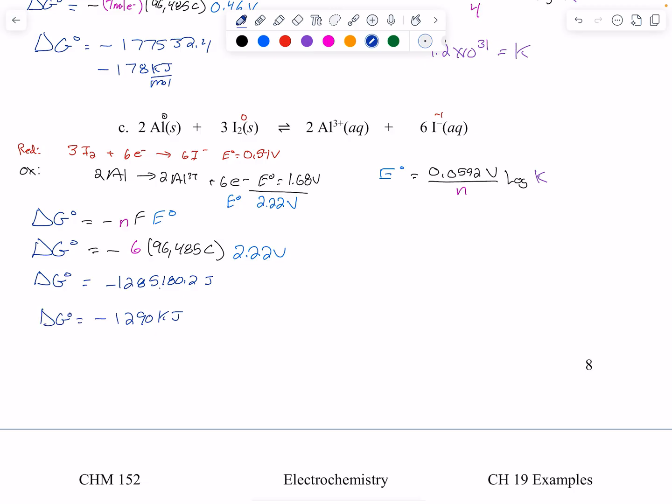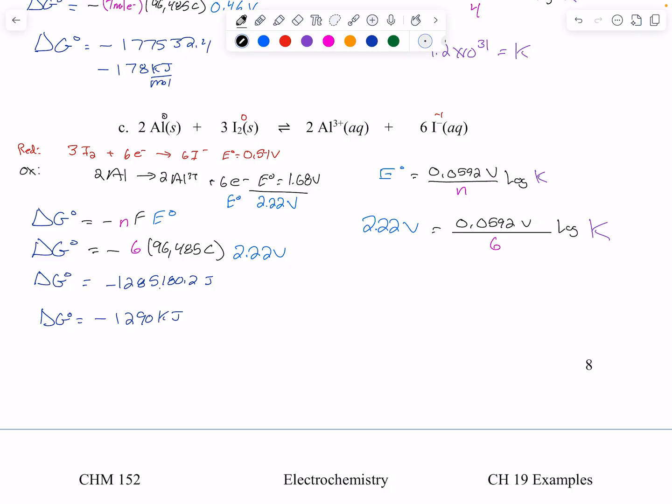Woo. E, we get 2.22 volts equals 0.0592 volts all over 6 log K. All right, doing the math. Let's go 2.22 times 6 divided by 0.0592. I get 225 even.